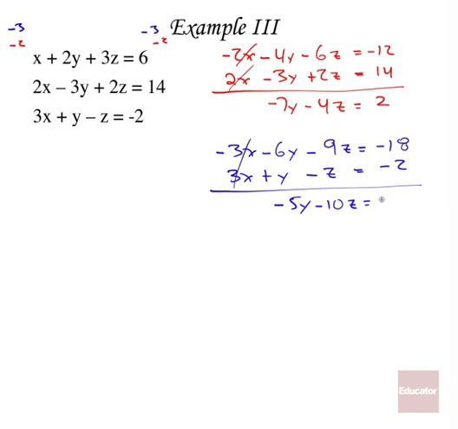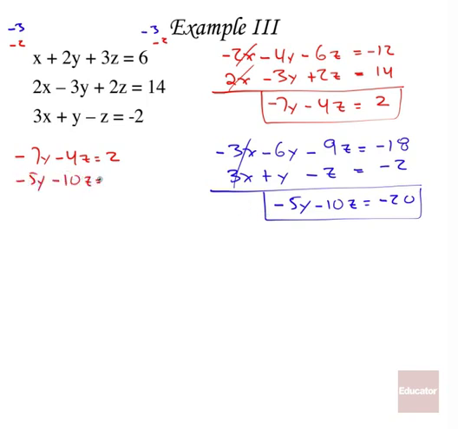Minus 18 minus 2, I get minus 20. So now I have my second equation, and this one was my first equation. So now I have 2 equations in 2 variables, y and z. Now I can work with these 2. So let me bring them over and rewrite them. Minus 7y minus 4z equals 2, and minus 5y minus 10z equals minus 20.